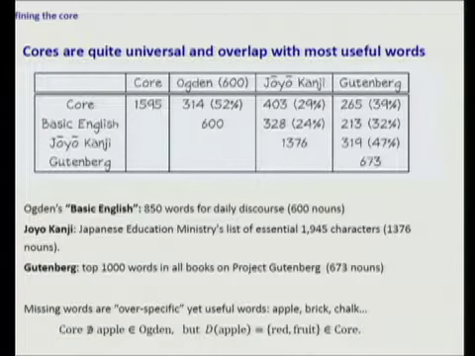If you go to Japan and look at the Japanese education ministry's list of essential symbols, called the Joyo kanji, you will find that about 29% of the 1,300-something words also appear in the core.